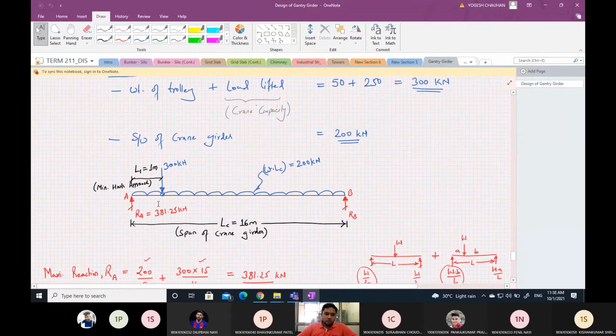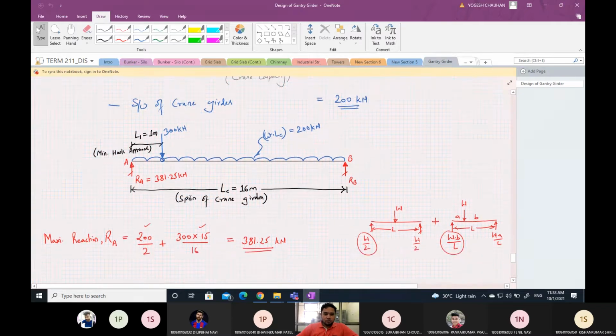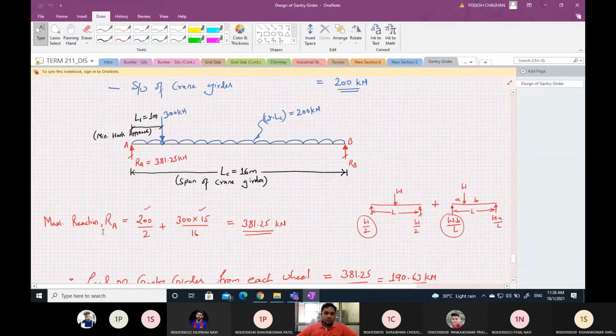The crane girder is simply supported on the gantry girder. The loads are 200 kilonewton, the self-weight of the girder, and 300 kilonewton, which is the moving load from the trolley and load lifted. The maximum reaction will occur when the trolley is as close to the support as possible, satisfying the minimum hook approach length.